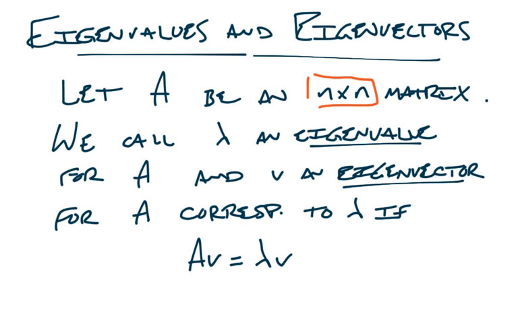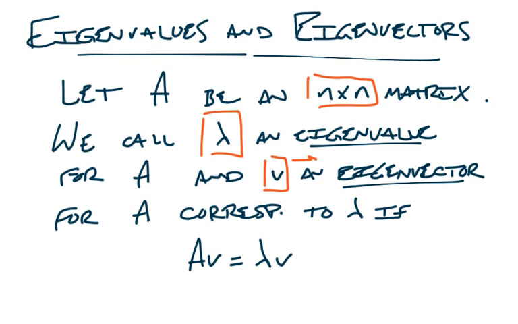And we're looking at this idea of eigenvalues and eigenvectors, and they come in pairs, eigenvalue eigenvector pairs. So we call lambda, that's this Greek letter lambda here, an eigenvalue for the matrix A, and we call V an eigenvector.